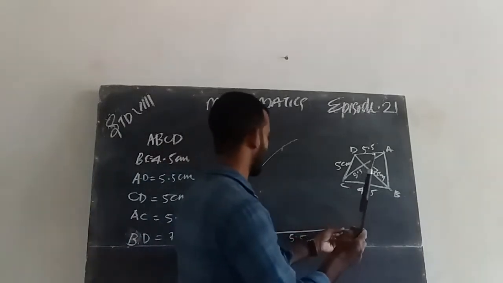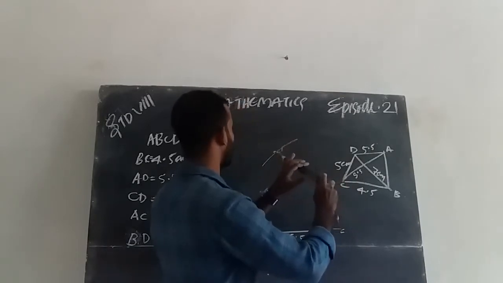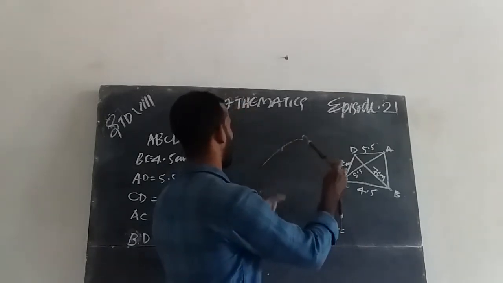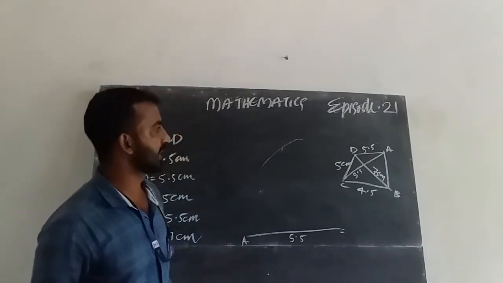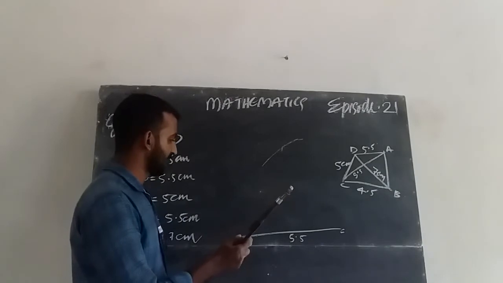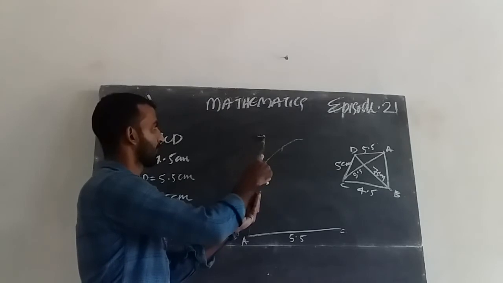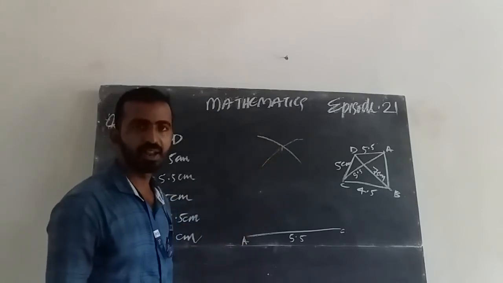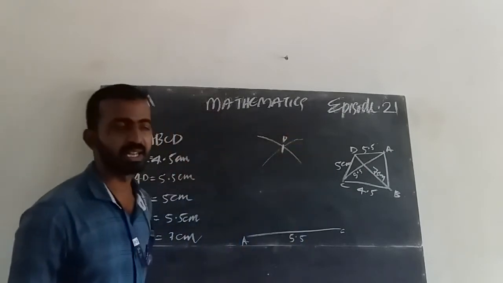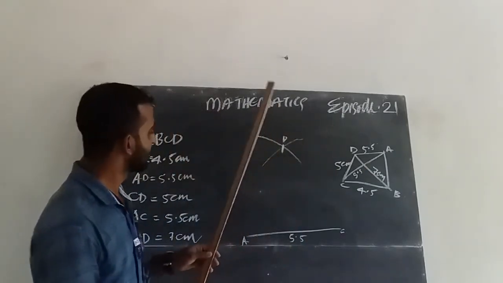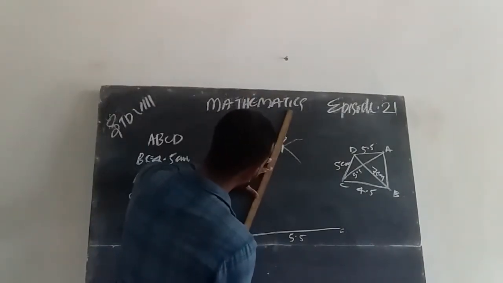That is, here we take the center C and take an arc with 5 centimeter. We draw. Next we take 5.5 centimeter, that is, we take an arc. The arcs are intersecting. That point is D. We denote that point as D. Then we join the points A, D.